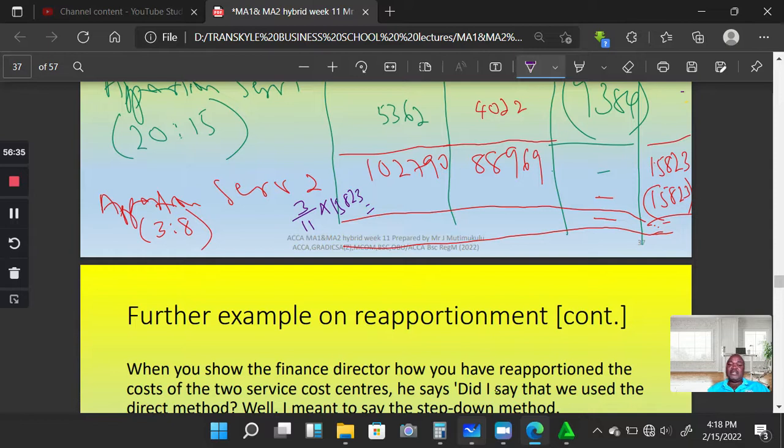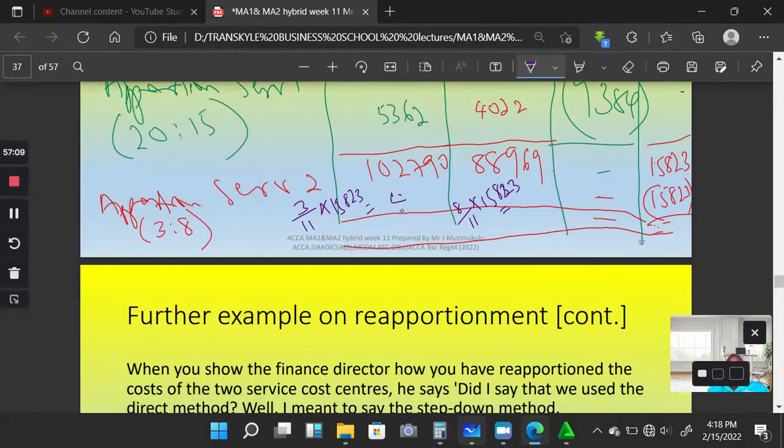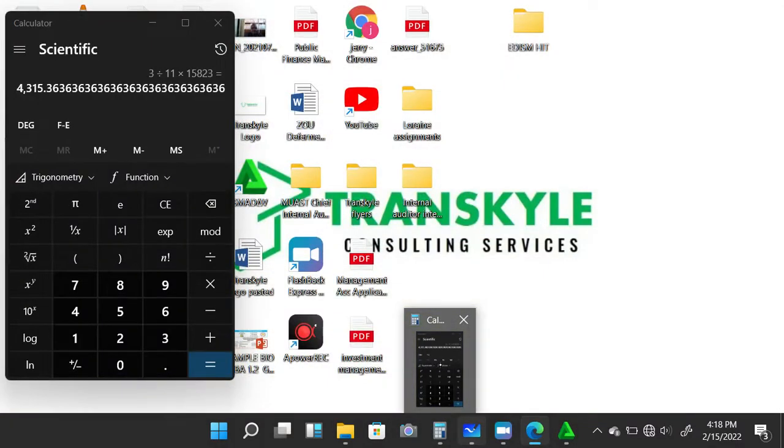For this part, we're going to say 8 over 11 multiplied by 15,823, and we get the figure there. 3 over 11 multiplied by 15,823 is 4315.